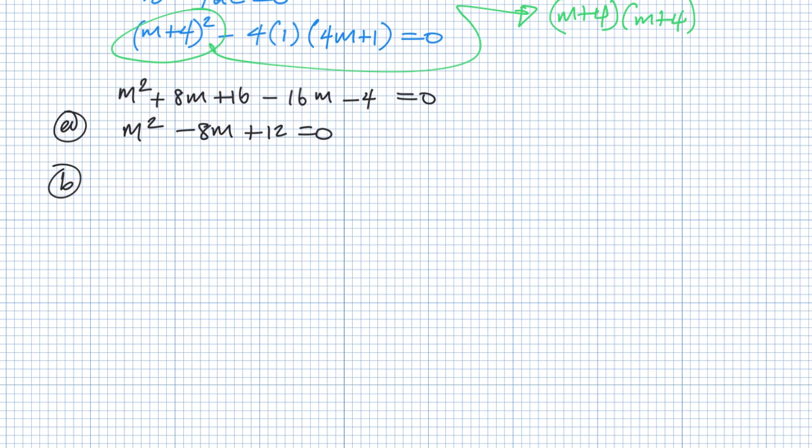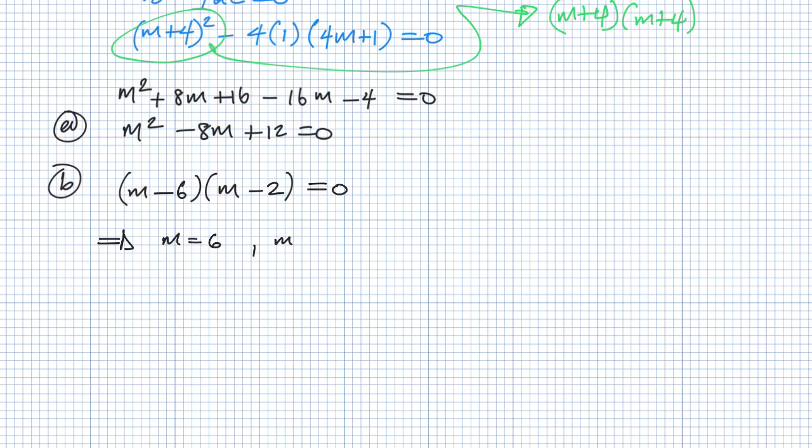But here we know we're going to have a couple of brackets now. (m, m). We want 2 factors of 12 that are going to give us minus 8. And that's going to be minus 6 and minus 2, which is going to give us minus 8.